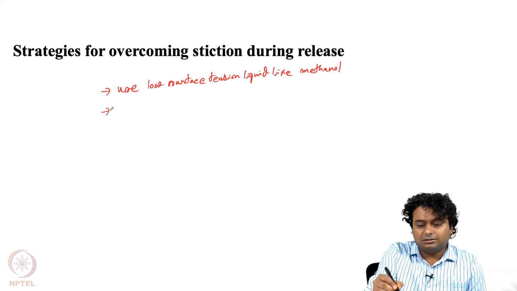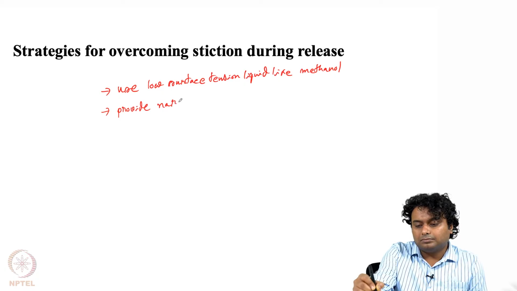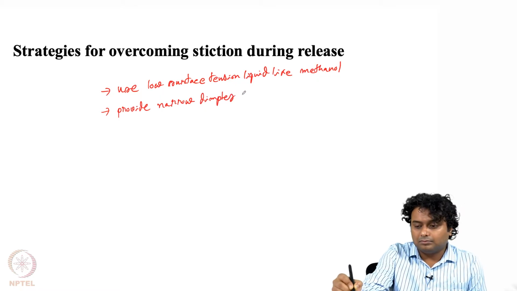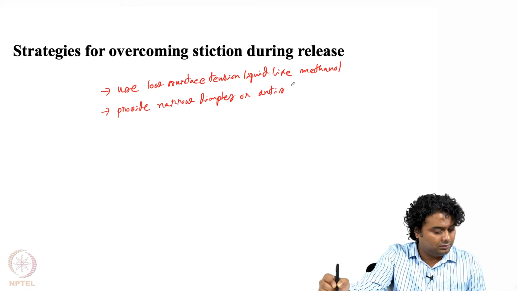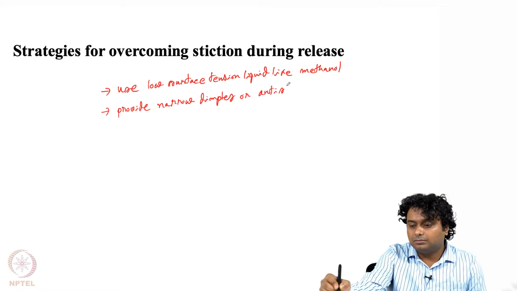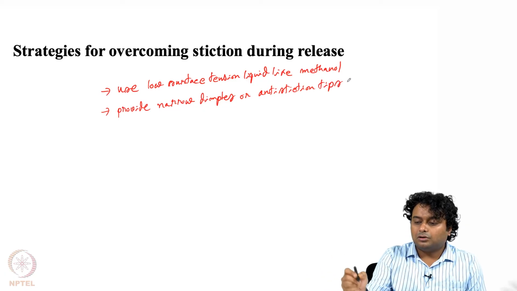Another option is to provide narrow dimples or anti-stiction tips. So what is that?